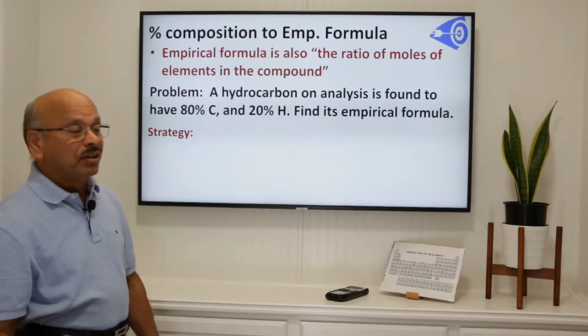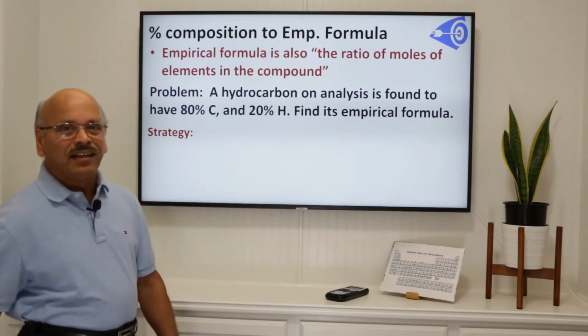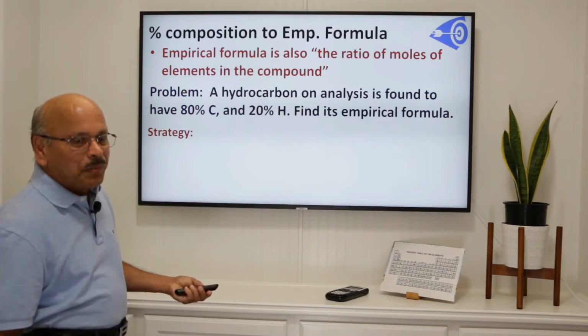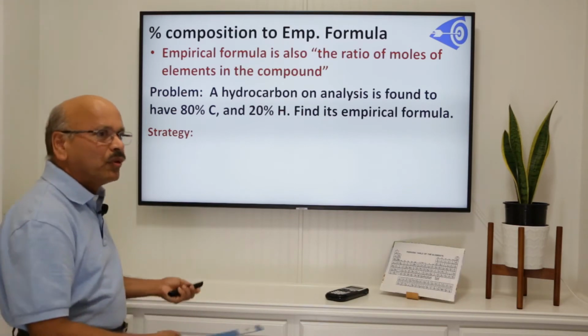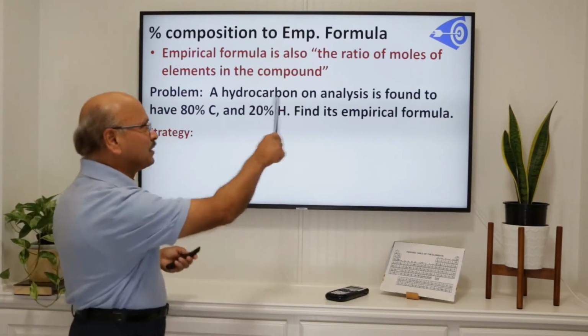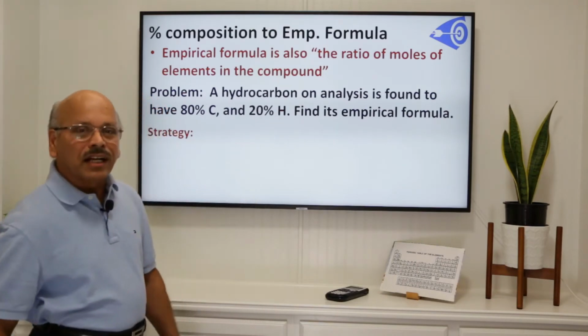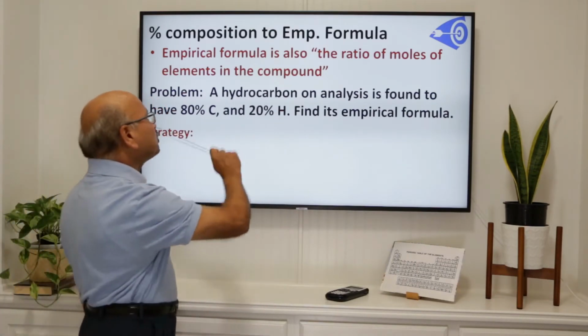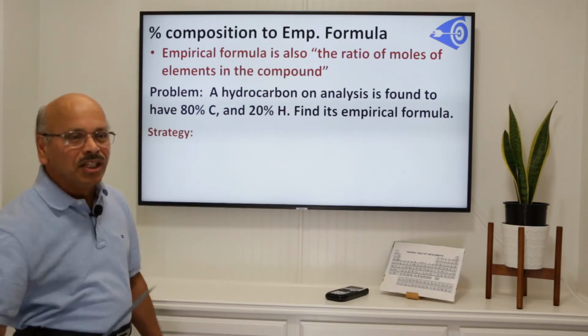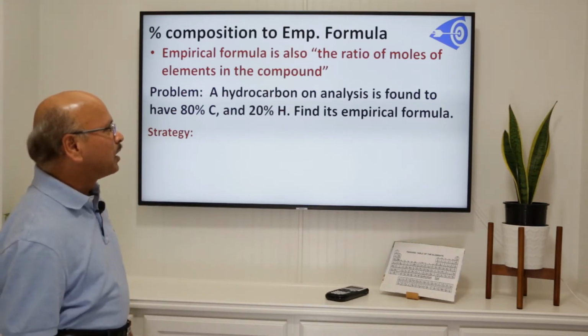In the case of an experiment, you won't be given the atoms, you will be given the mass. So it's better to think of this. Keep that in your mind so that you can easily find the empirical formula from the percentage composition.